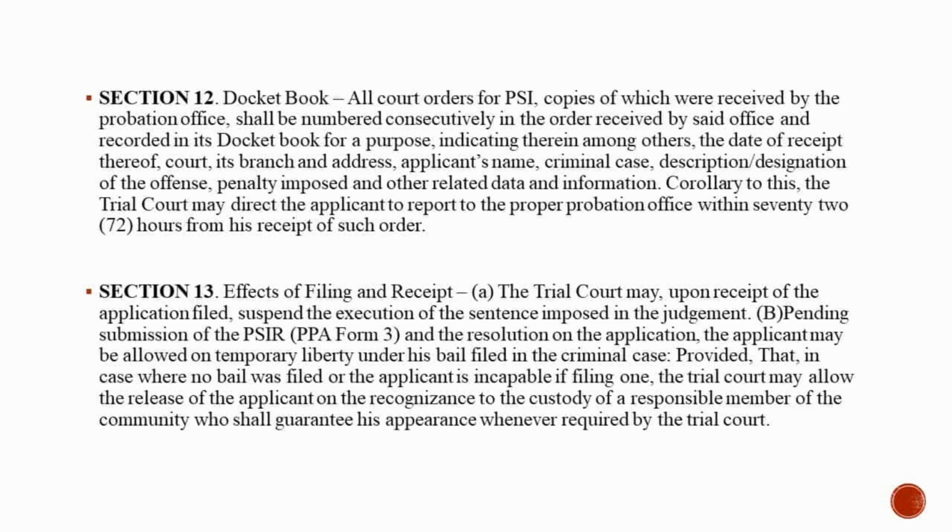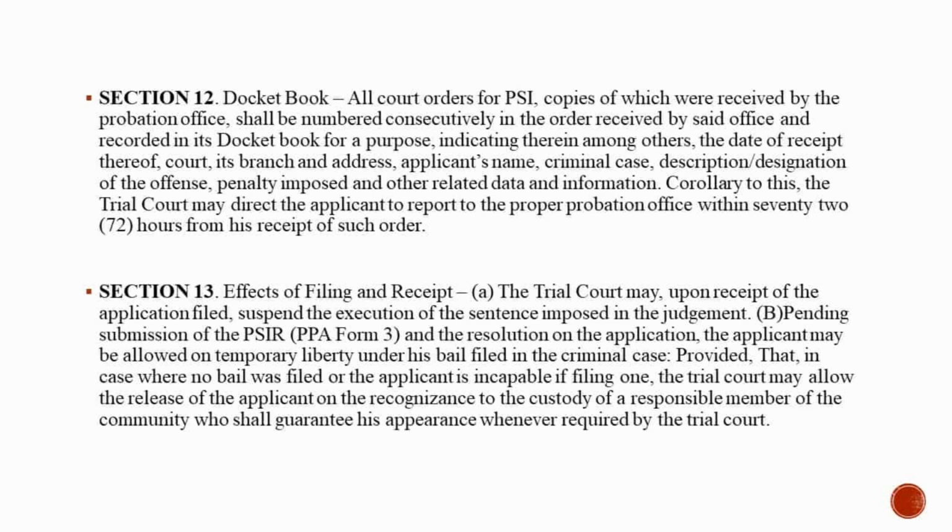Section 13, effect of filing and receipt. The trial court may, upon receipt of the application filed, suspend the execution of the sentence imposed in the judgment pending the submission of the PSIR, PPA Form 3, and the resolution of the application.